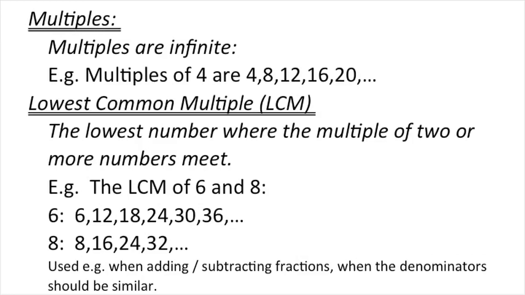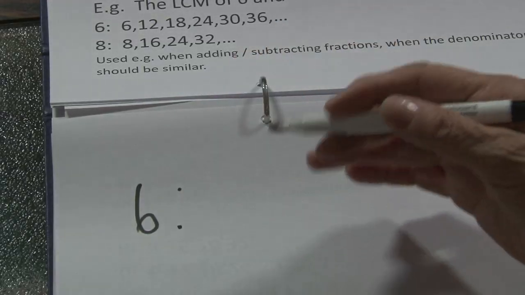when they are similar. So when I have to find the lowest common multiple, for example, for 6 and for 8, I start counting. Normally, if you write down 6 will be enough, but sometimes it is still not enough.